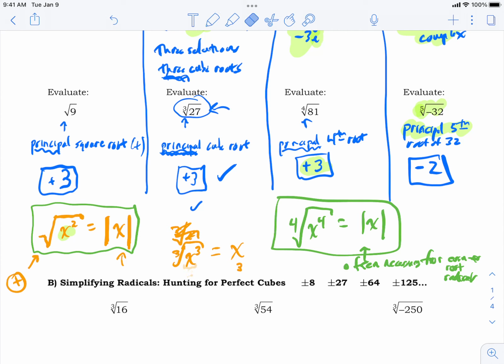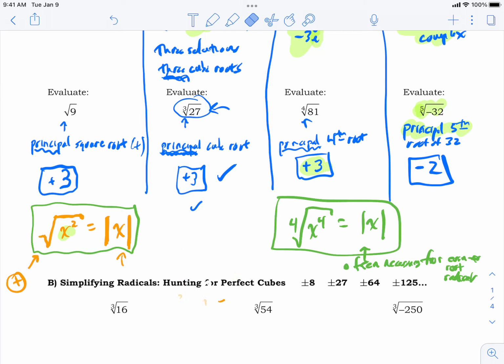It works. What if x is negative 3? If x is negative 3, and I cube it, I'm looking at the cube root of negative 27, and the principal cube root of negative 27 is negative 3. And so the negative 3 that I plugged in here is coming out over here the same. So for odd roots, it doesn't matter. Odd roots, we don't have to worry about any of this stuff.